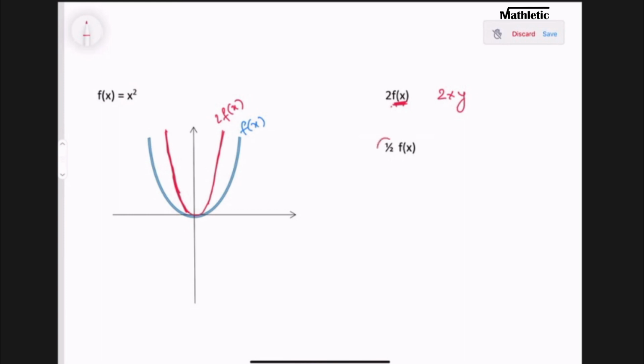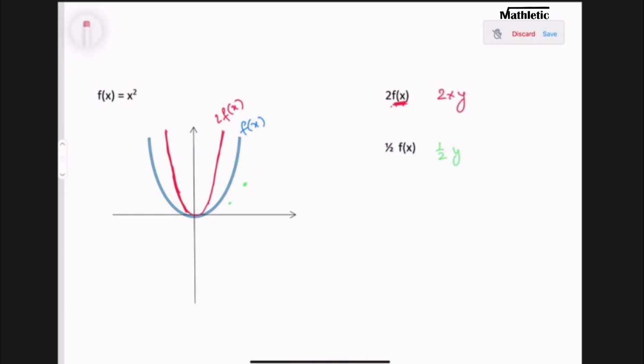Then half times y. So all the y coordinates will be halved, right? This one which was at 4 will be at 2. The one which was at 8 will be at 4.